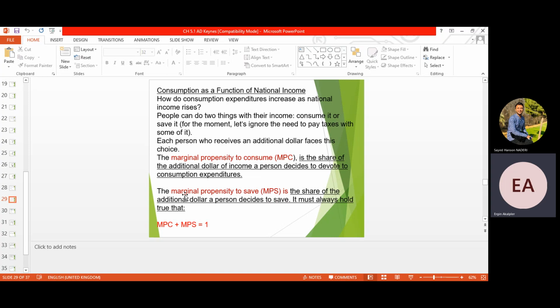Therefore, the marginal propensity to save is the share of the additional dollar a person decides to save. It must also hold true that the marginal propensity to consume plus the marginal propensity to save must be 1. As I said to you, you have $1, usually 80 or 90% goes to consumption, and 10% or 20% maximum goes to saving.